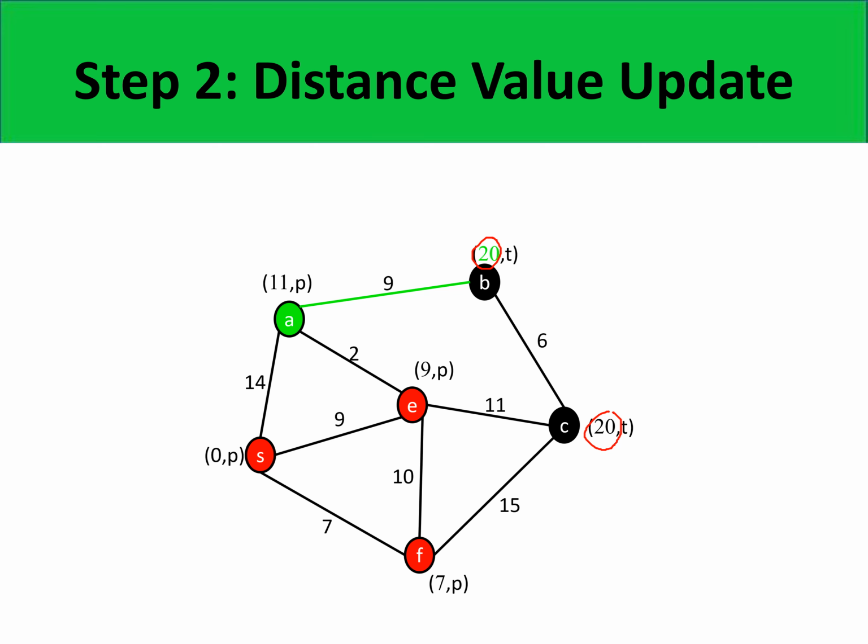But since there is a tie in the lowest distance value, now we choose any of the two vertices B and C. In this case, let's choose the vertex B. Here, we change the label of B from temporary to permanent, and this means that we already found the shortest distance from the starting vertex S to the vertex B, and this is given by 20.